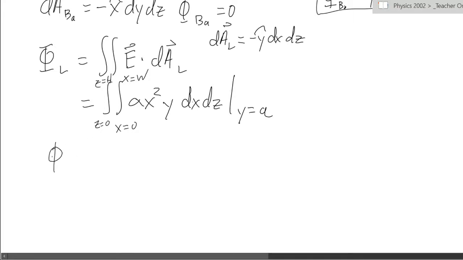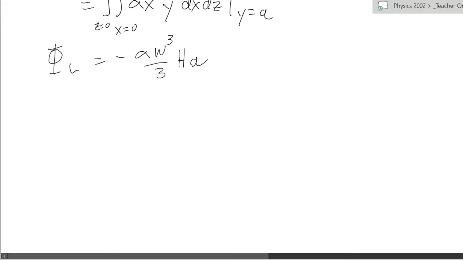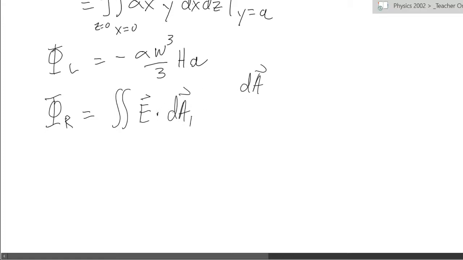So our flux out of the left surface is going to be, we have a negative sign here, minus alpha w cubed over 3 times h times a. Okay. Now the last one, phi sub r, is going to be equal to the integral of E dot dA, where dA sub r is going to be y hat times dx dz.